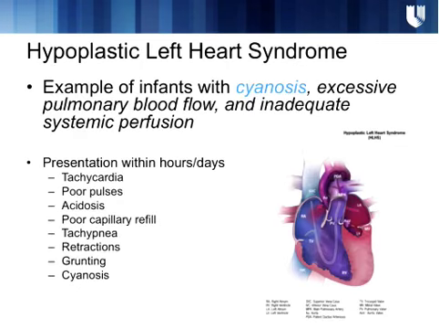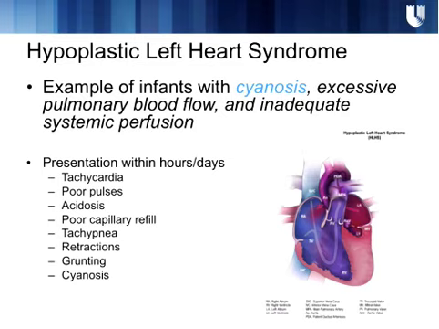As I stated in the first slide, there are some heart lesions that will only present with one symptom of heart disease, two symptoms of heart disease, or all three symptoms of heart disease. So we'll use hypoplastic left heart syndrome as an example of infants that have all three major symptoms of congenital heart disease.